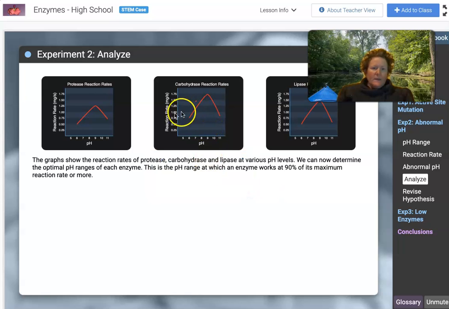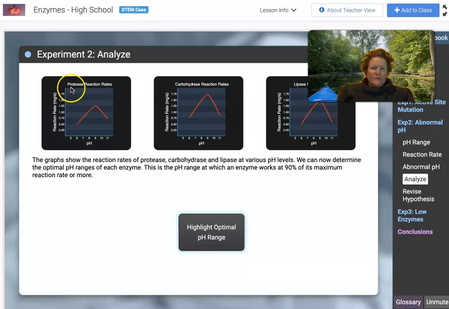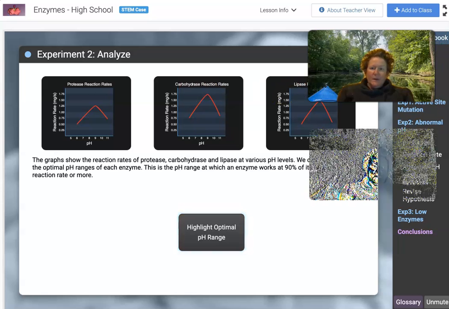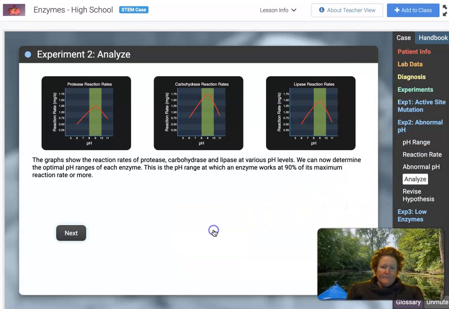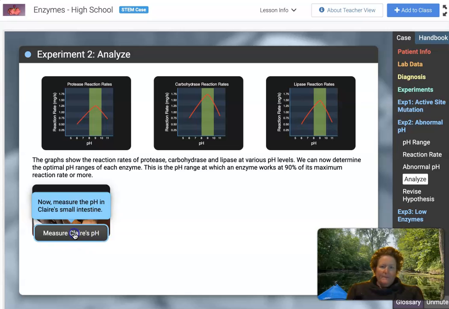So it looks like the protease, the enzyme that breaks down protein, the carbohydrase, the enzyme that breaks down carbohydrates, and the lipase all have a sweet spot at around pH 9, which is where the enzyme works at 90% of its maximum reaction rate or more.